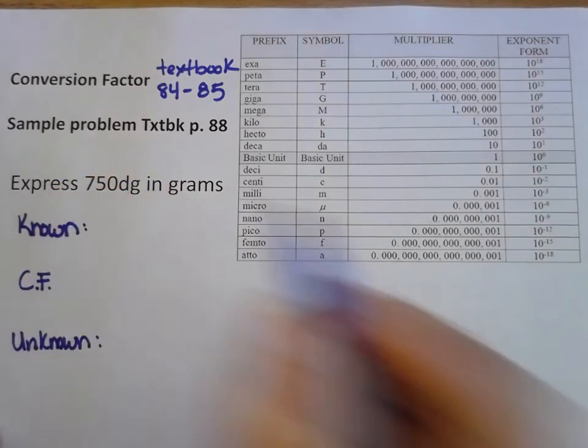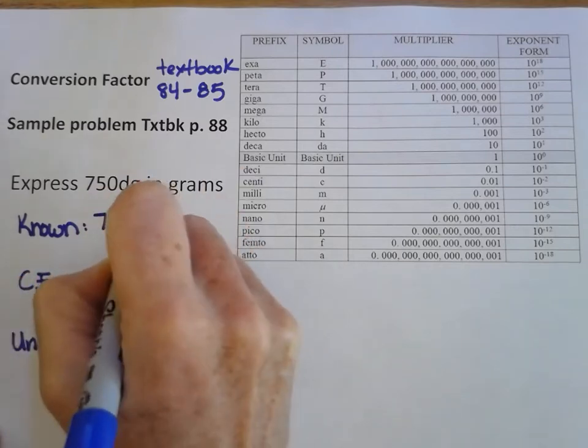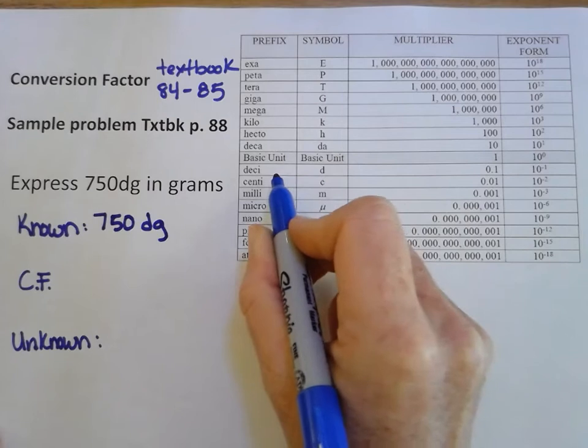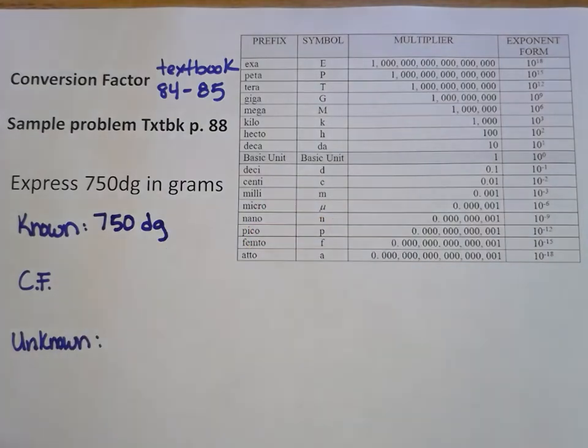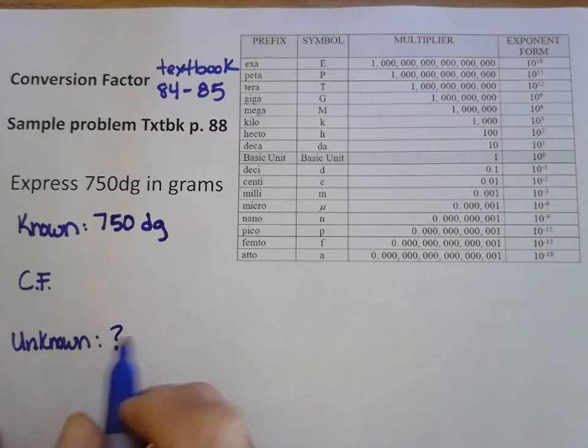The known here is what they start us with, so 750 dg. D stands for deci, the G stands for grams, and the unknown is what I'm looking for, so I would put a question mark in there and do a G for grams.